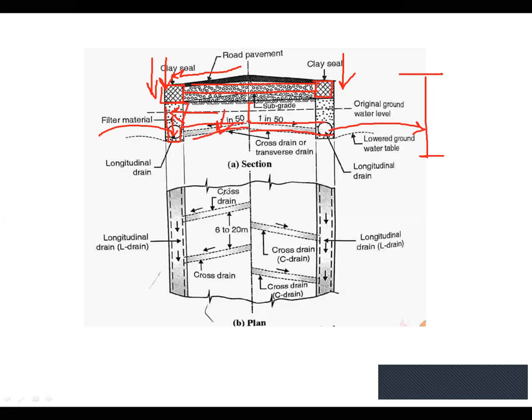Here you can see that the water is collected in this cross drain, the C drain, and transferred to the longitudinal drain. By that method we are collecting water, so that all the water below the ground level is collected in this longitudinal drain, which runs throughout its length.